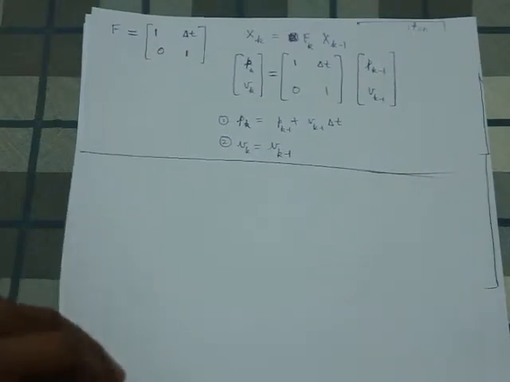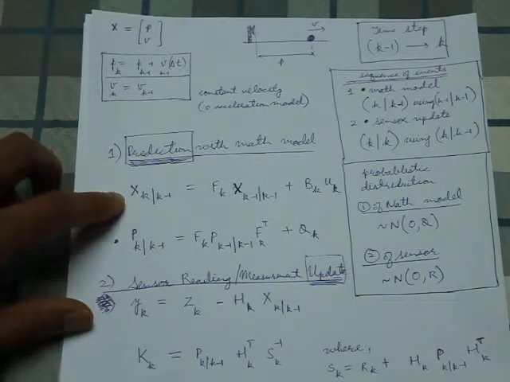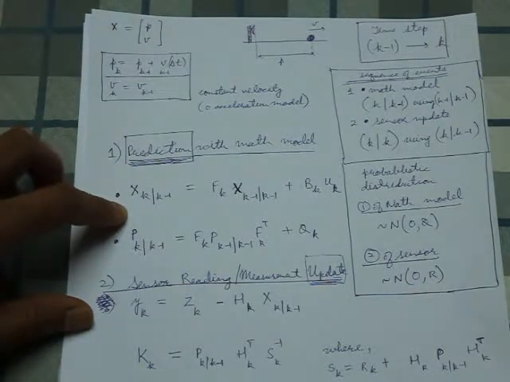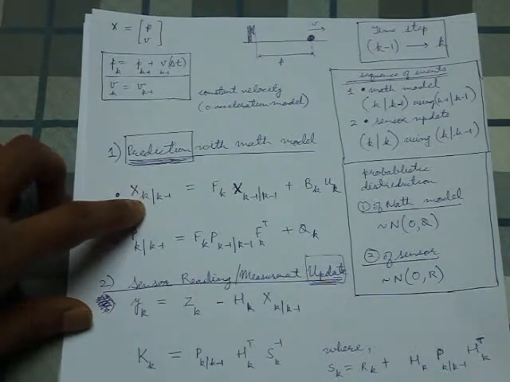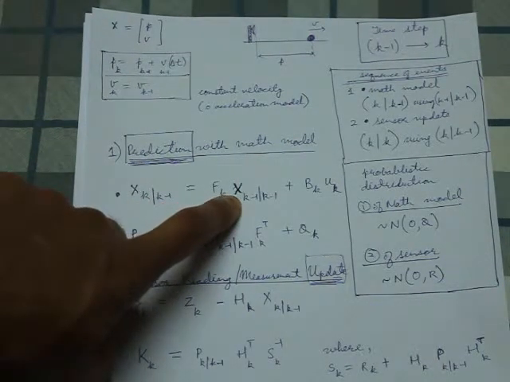Now that we know what F is, we can take a look at this equation again. To predict the state of the system at time step k, given we know the state at time step k minus 1, we simply have to multiply F and x.